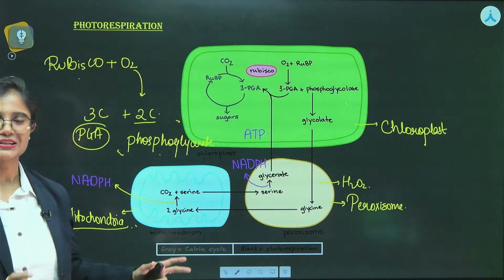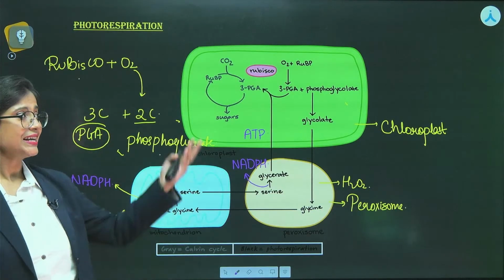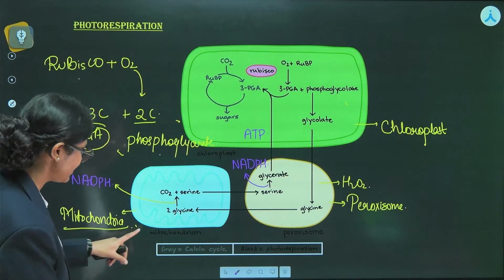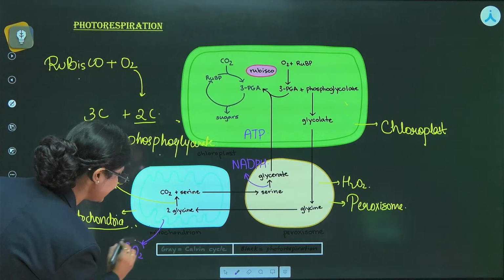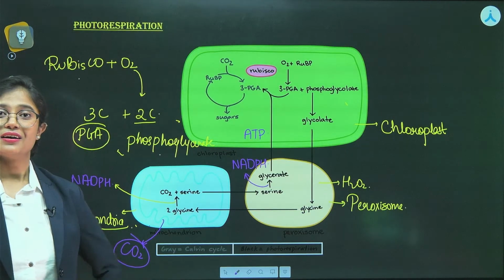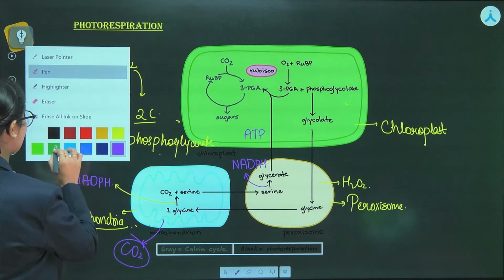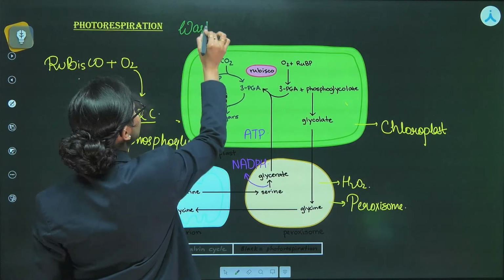So in this process neither is any ATP being formed, nor any NADPH, nor is CO2 being fixed. Instead of being fixed, from the mitochondria a molecule of CO2 gets released. It is not being fixed, it is being released, so it is a complete wasteful process in the plant.